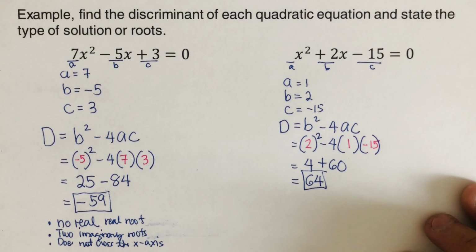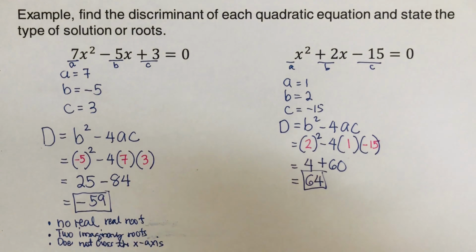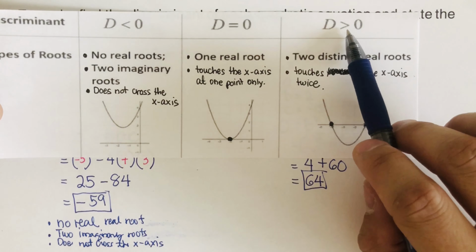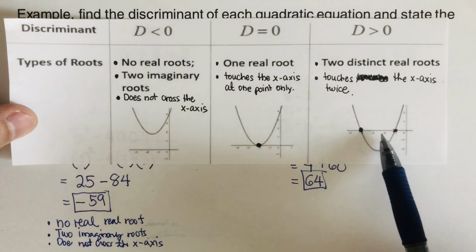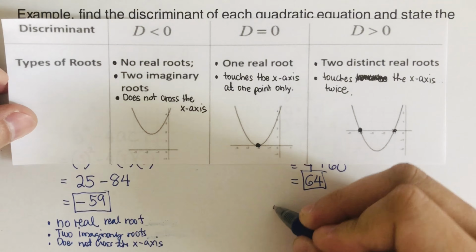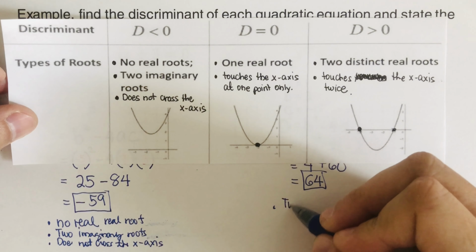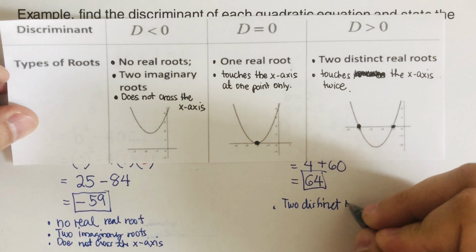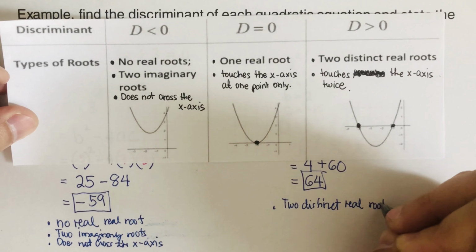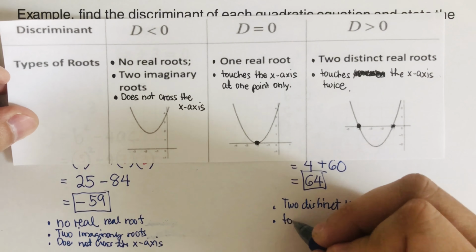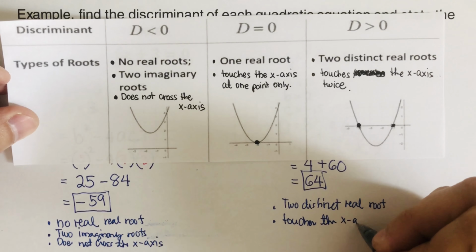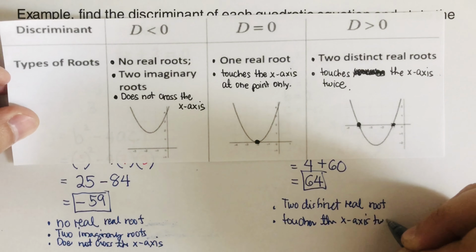And so we look at the rule that we have at the beginning. If it's greater than 0, this is the shape of the graph. I'm just going to write it out: two distinct real roots, and it touches the x-axis twice.